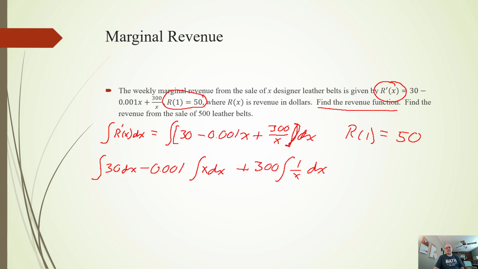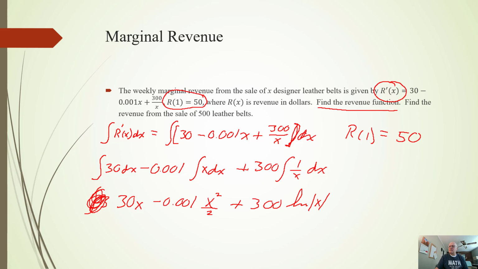That should look pretty nice. So, bring this 30 out front or not. If you remember one of your properties, oops, excuse me, this should just be 30x. Here we'll have minus 0.001, and this will give us x, not to the 1, but x to 2 over 2, plus 300, and this will give us the natural logarithm of the absolute value of x, plus c.